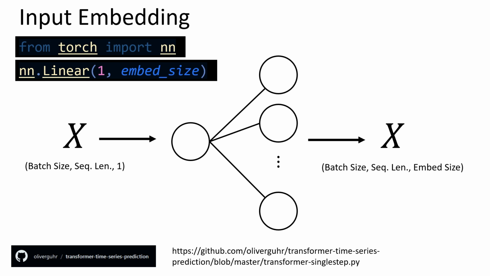How this is used is our original data matrix has a batch size dimension for the observations and a sequence length dimension for the length of the time series components that are inputs to the model. If we append a dimension of 1 to this using PyTorch reshape, we can perform this linear approach on every element of every sequence, and it'll embed those elements as vectors just like it would for a text processing problem.